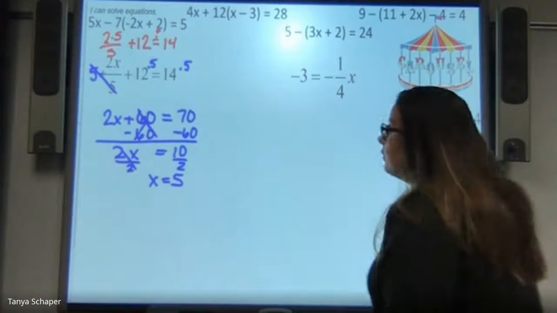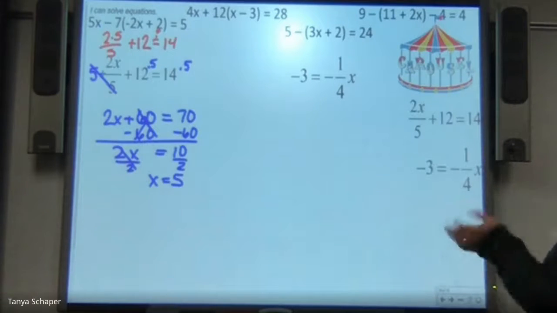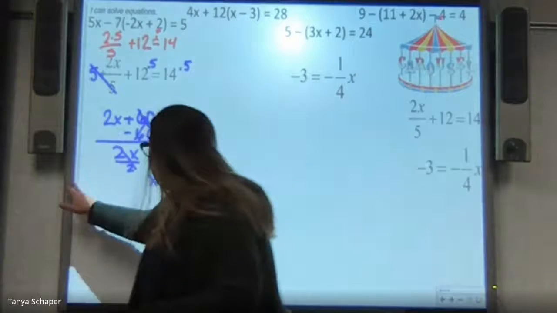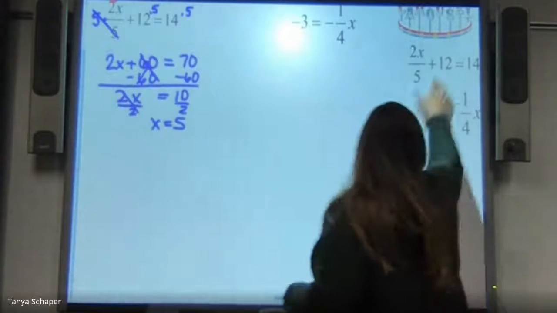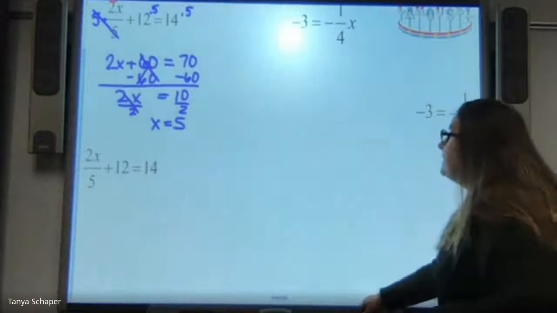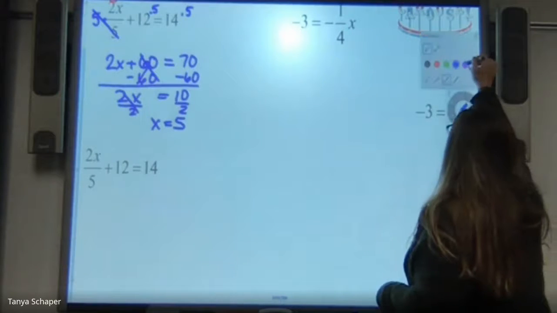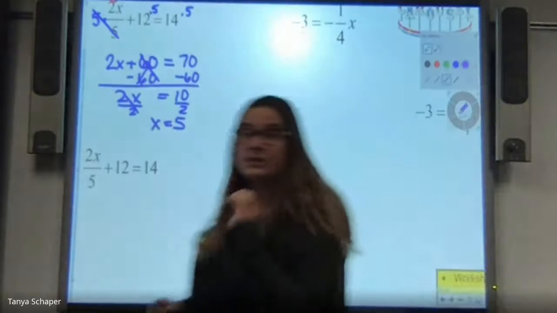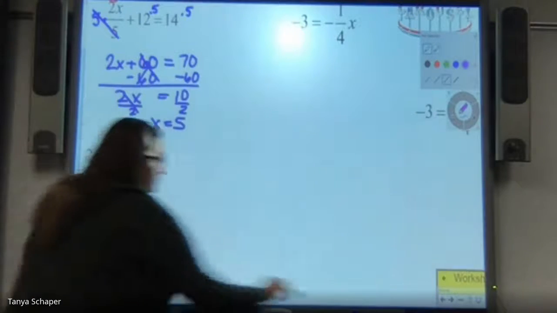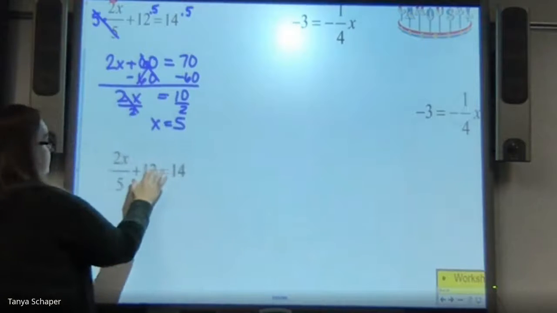Now, another way that you can choose to go about solving it, and that's why I brought in another copy of this one. Look at that magic. Is I can multiply by the reciprocal. So I can choose, move this over just a little bit.